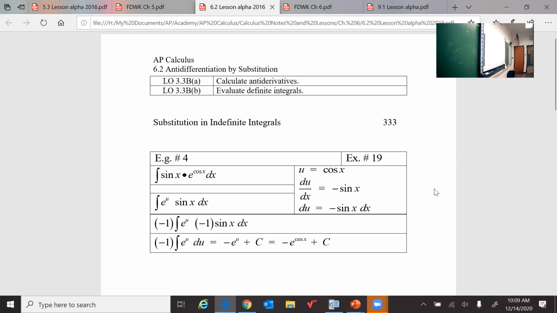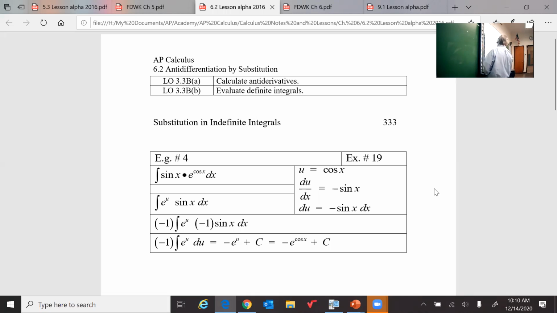The differential. So then I'm going to rewrite the question as e to the mu sine x dx. Well, I need negative sine x dx for my d mu. So I multiply -1 inside and outside the integral. -1 times itself is +1, which is the identity multiplication.